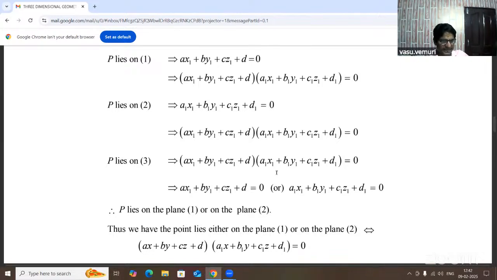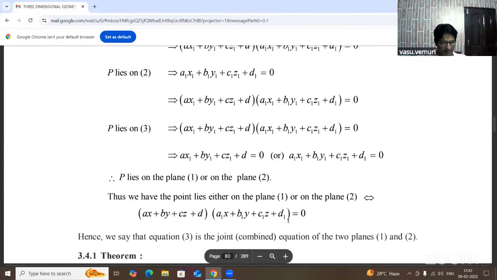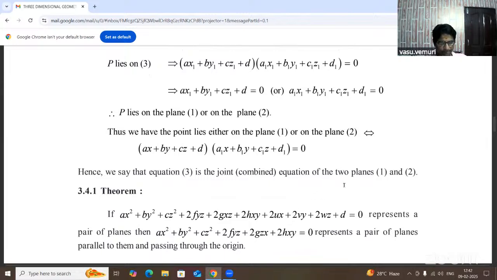So we get ax1 plus by1 plus cz1 plus d equal to 0, and again a1x1 plus b1y1 plus c1z1 plus d1 equal to 0. So the point lies on the first plane or the second plane, that is, the point lies either on the first plane or on the second plane if and only if the first plane times the second plane equals 0. That is the joint, meaning combined, equation of the two planes.